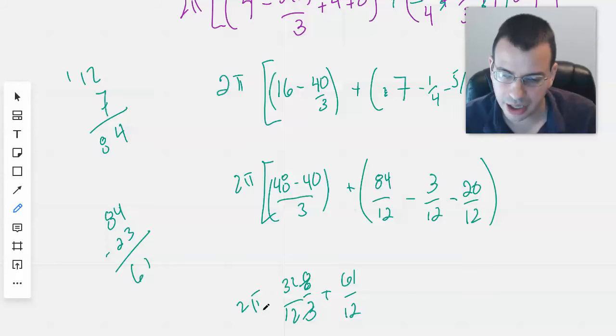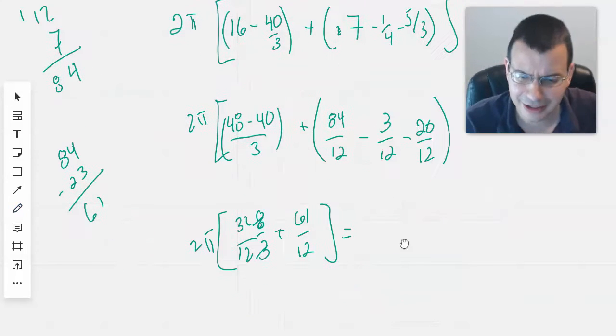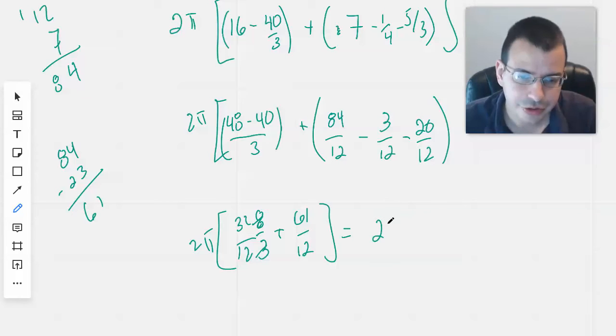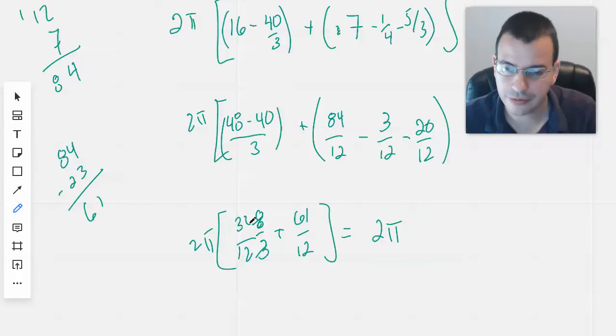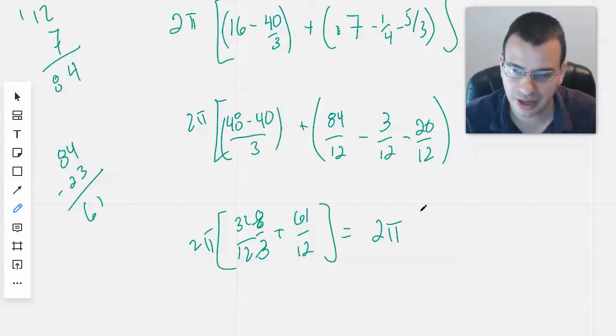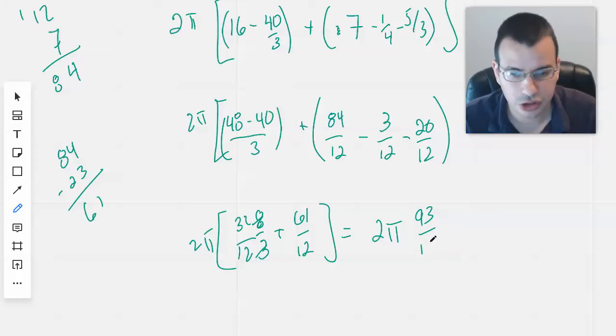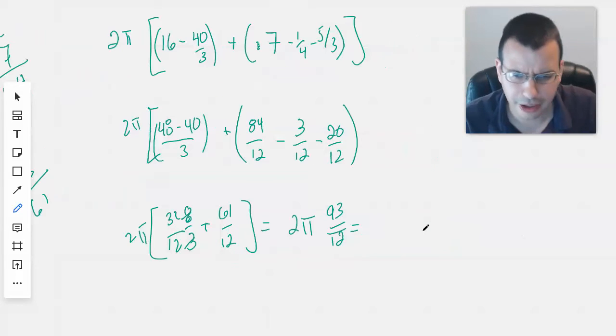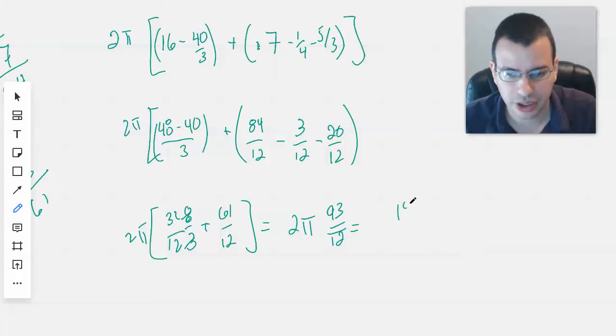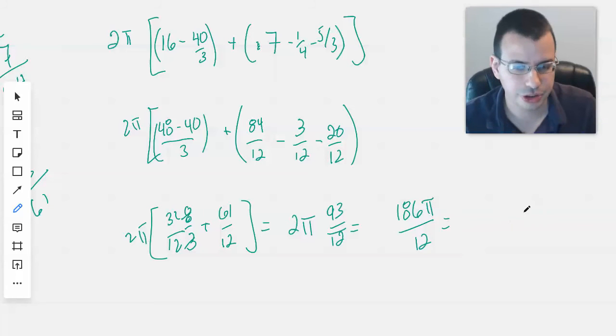Have a 2 pi still. This is a lot more algebra than it is calculus. Okay. 2 pi, so we have 32 plus 61, we have 93 over 12. And so this would be 186 pi over 12. Both of those can probably be divided.